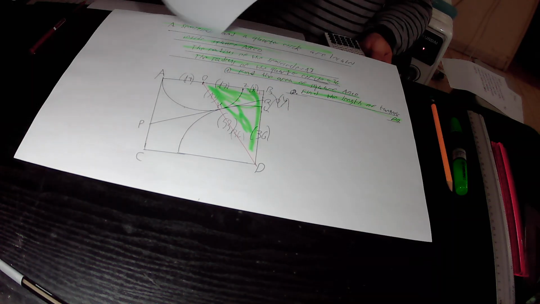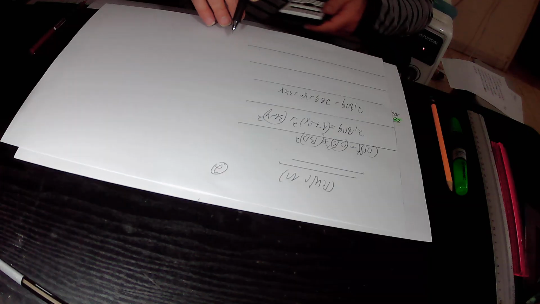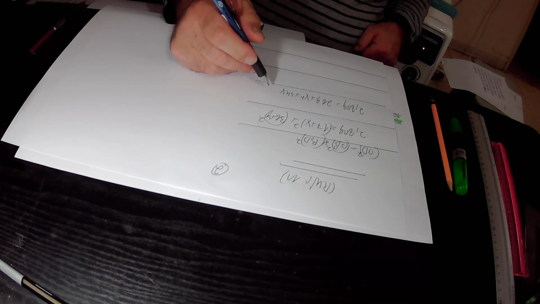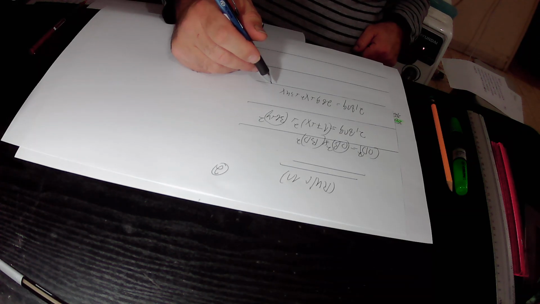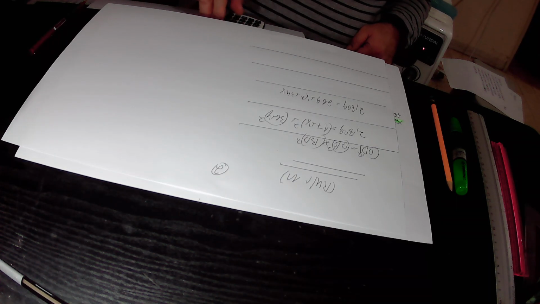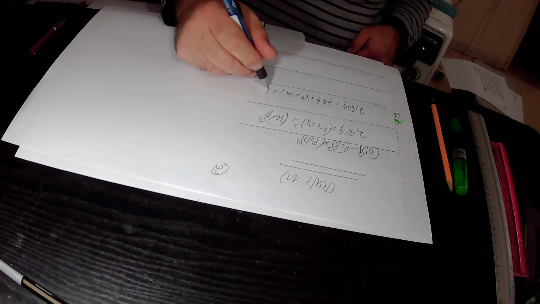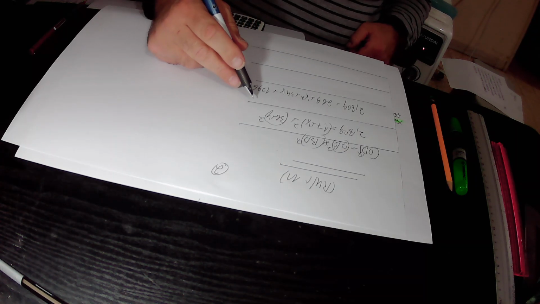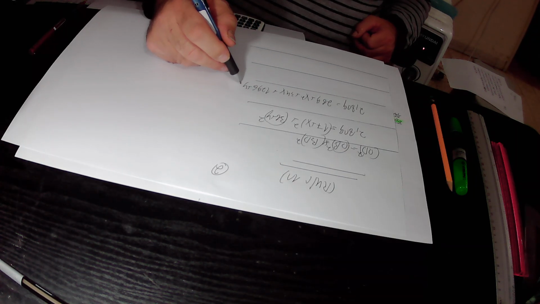This is actually 36 plus Y squared. 36 plus Y squared equals 36 squared, this is 1296, plus Y squared, plus 2 times 36 times Y, that is 72Y.